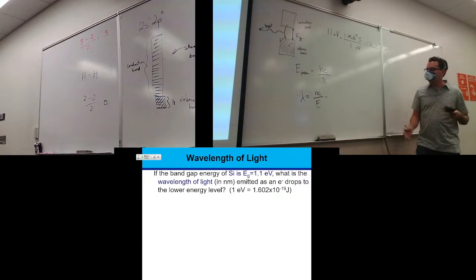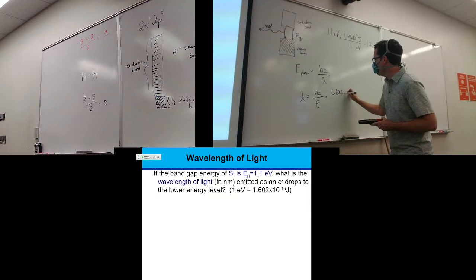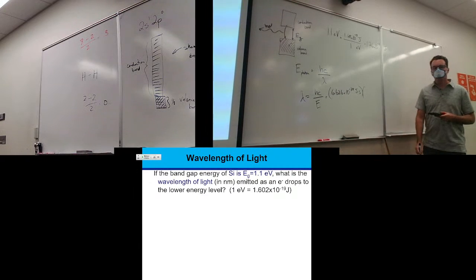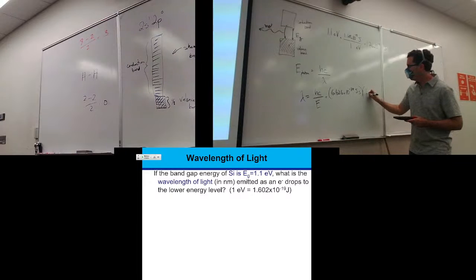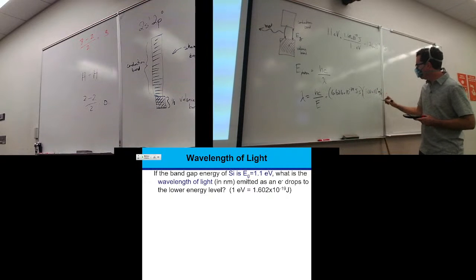So Planck's constant is 6.626 times 10 to the minus 34 joule seconds. c is the speed of light, 3.00 times 10 to the 8 meters per second. And so the seconds will cancel.